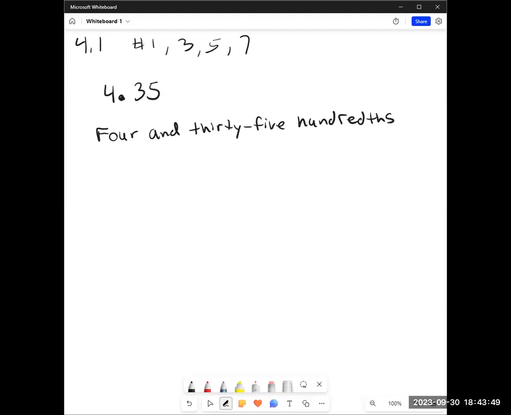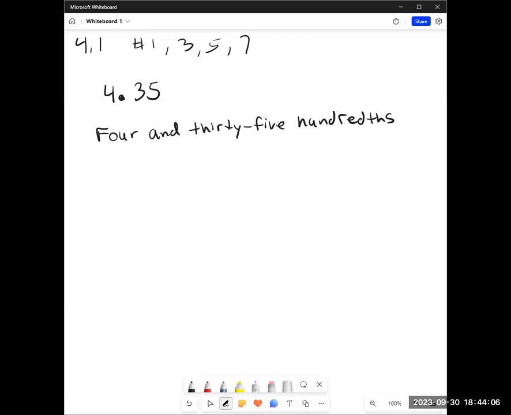And it's important to have the "ths". The "ths" there is what tells us that it's a decimal. 100 is to the left of the decimal point. Hundredths is to the right.